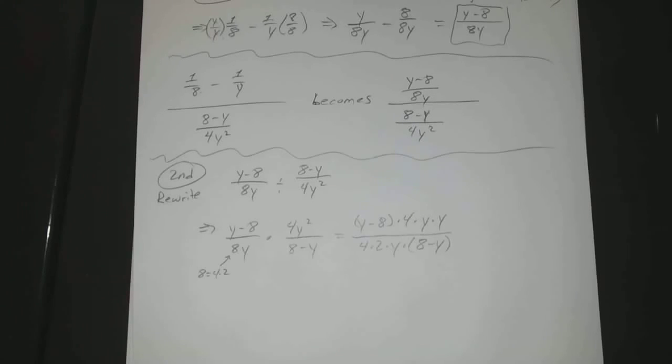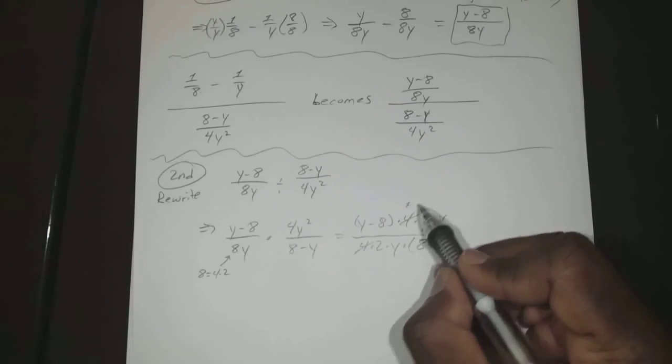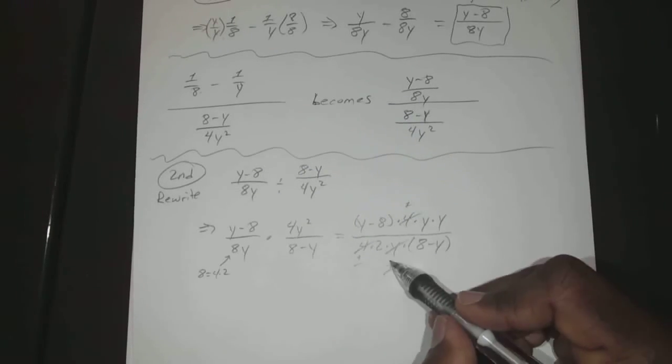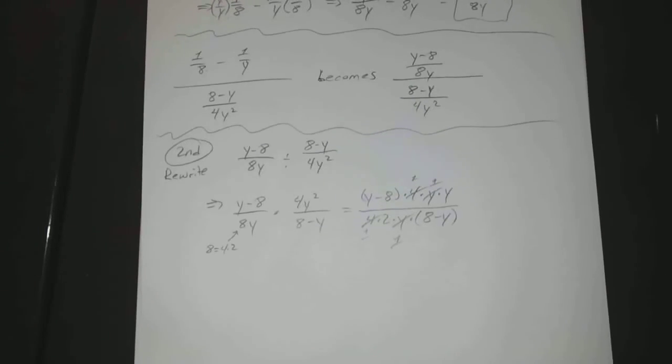Okay, so now we can start canceling out. This 4 and this 4 cancel out. This y cancels out with one of these. So those two cancel out.